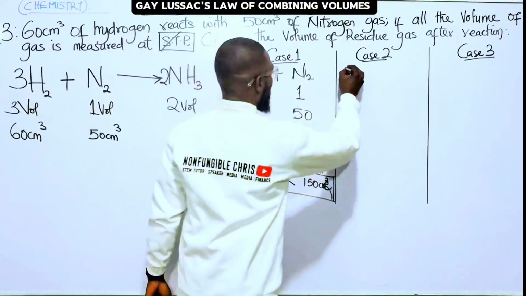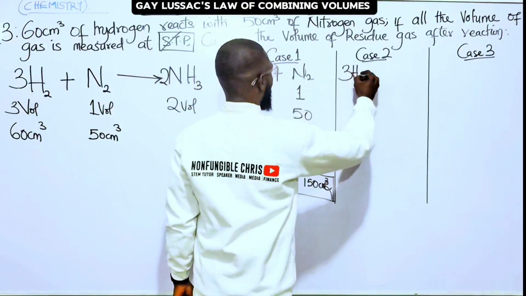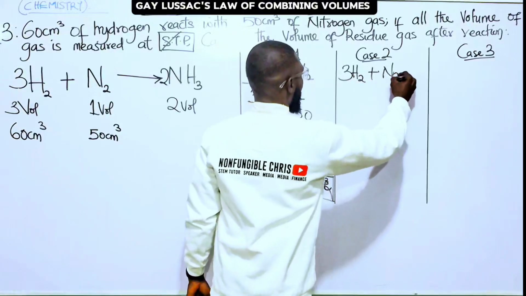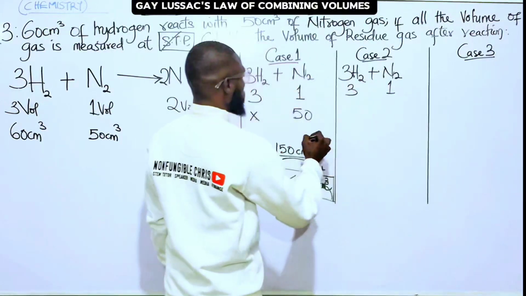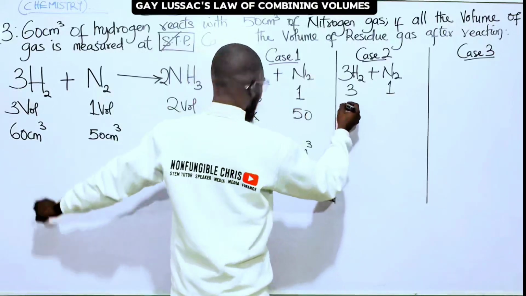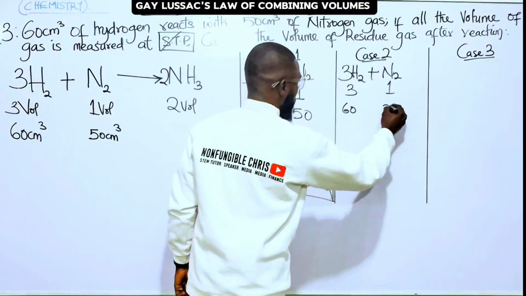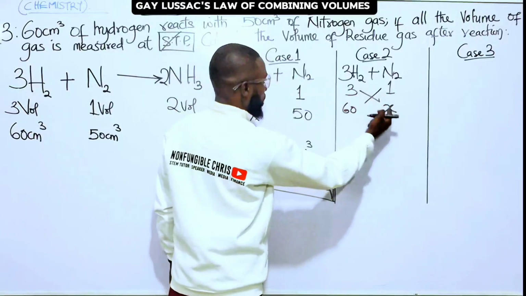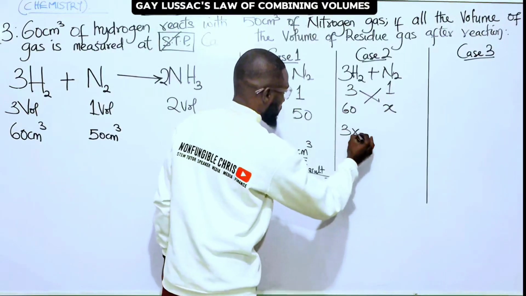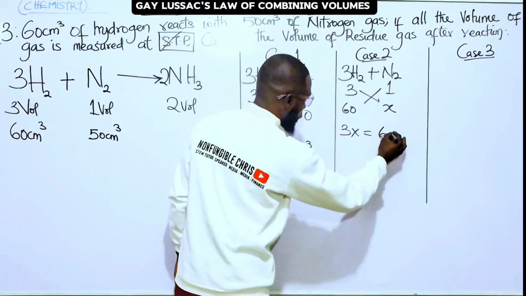The same thing: 3H2 plus N2. Here we have 3, here we have 1, and here we have 60, and let's call this x. If we cross multiply, we have 3 times x giving us 3x, 60 times 1 giving us 60.